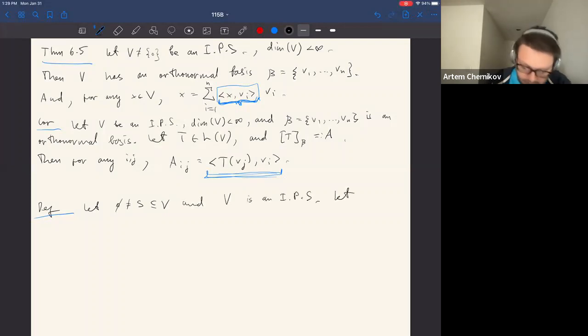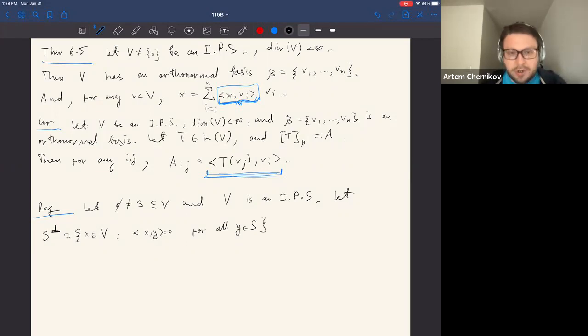We define S perp, this is a perpendicularity symbol, to be the set of all vectors X in V for which the inner product of X with Y is equal to 0 for all Y in S, okay?